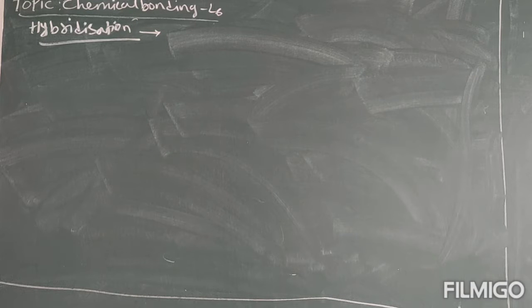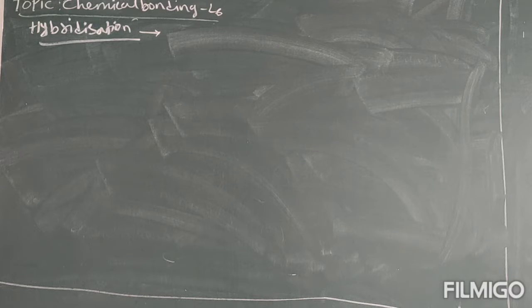Hybridization means the mixing of atomic orbitals of different shapes and approximately equal energies, so that redistribution of energy occurs to form new orbitals of the same shape and same size. These new orbitals are called hybrid orbitals, and the phenomenon is called hybridization.